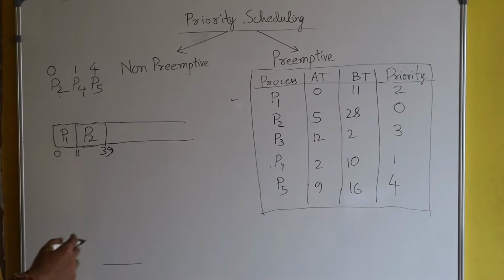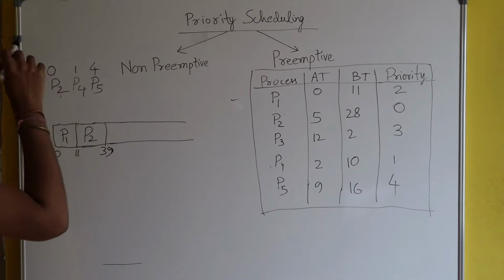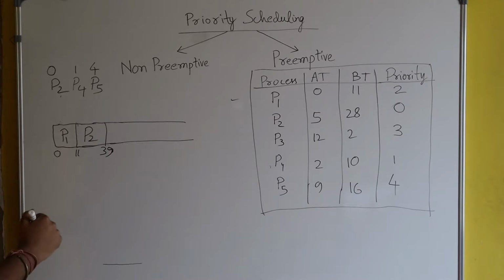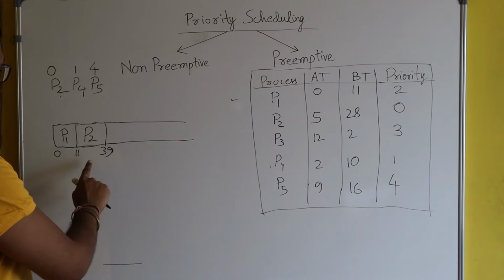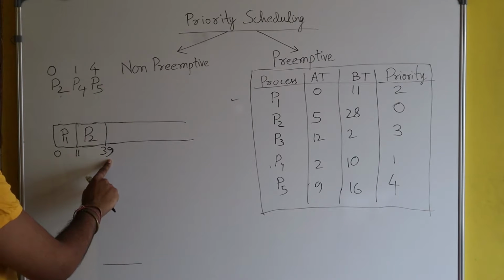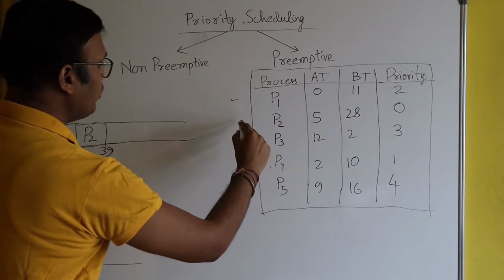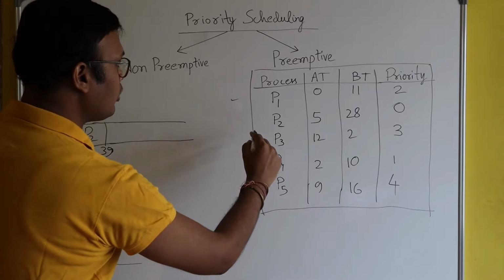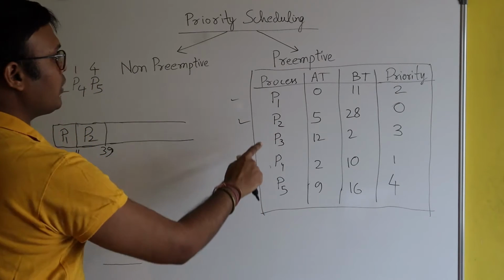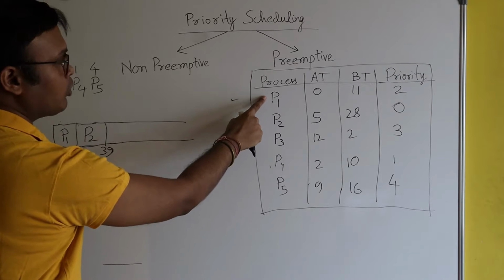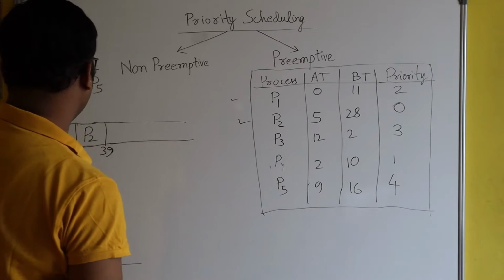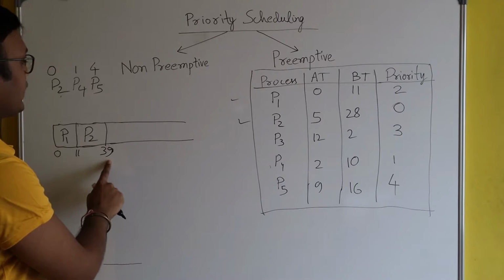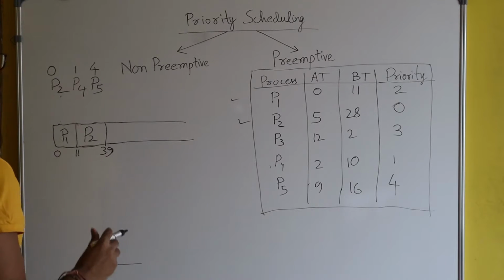Now you see here, from 0 to 39 seconds, the task of P2 is also over. It means two processes are completed, P1 and P2. Till 39 seconds, how many processes are available?